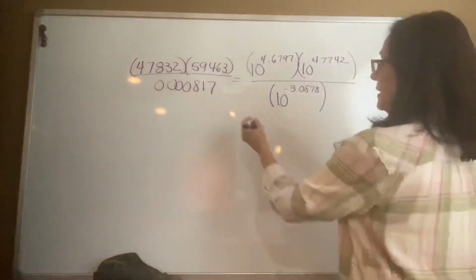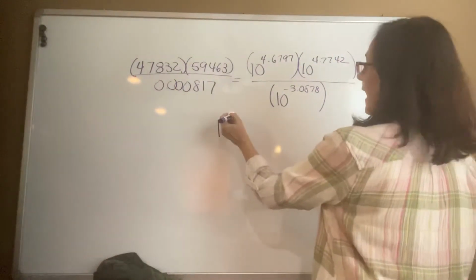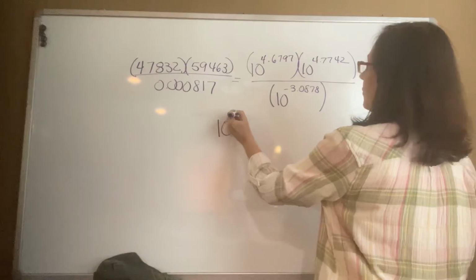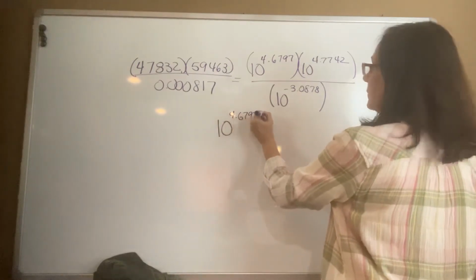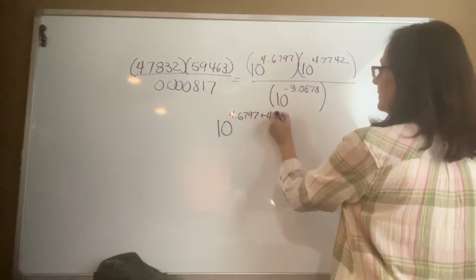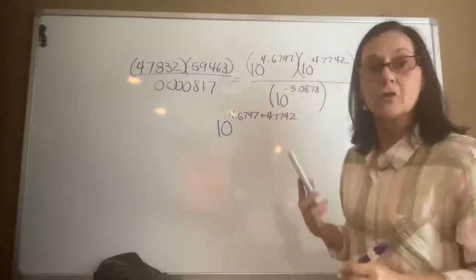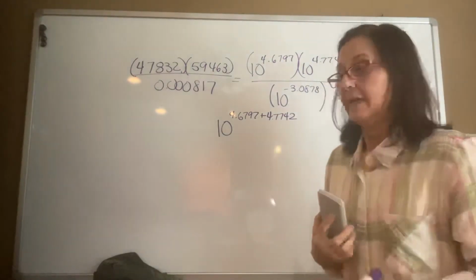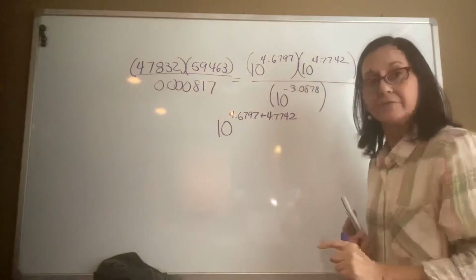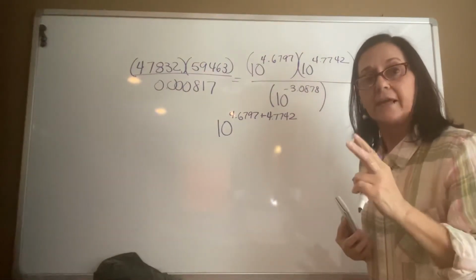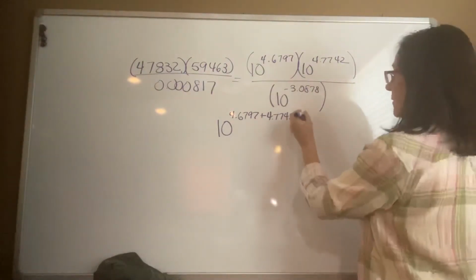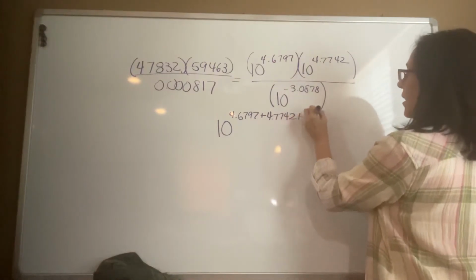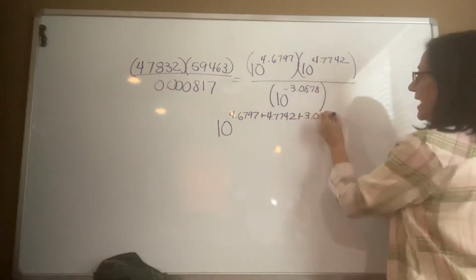So it's going to be 10. I'm going to add those that are multiplied. 4.6797 plus 4.7742. I'm going to subtract that which is divided. It's minus a negative. Two negatives make a positive. So I'm going to add it. 3.0878.